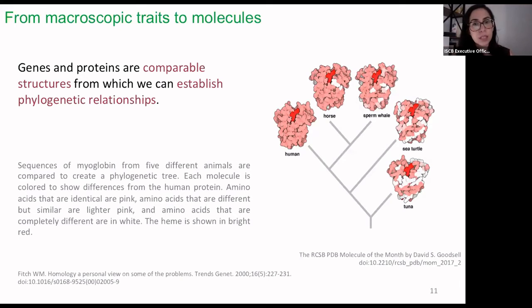And if you see clearly here, it says sequences of myoglobin. So if you remember from the past block, we saw that proteins have different levels of organization. The primary structure is the sequence, and this was built with the primary structure, but it's illustrated in the tertiary structure of the protein.